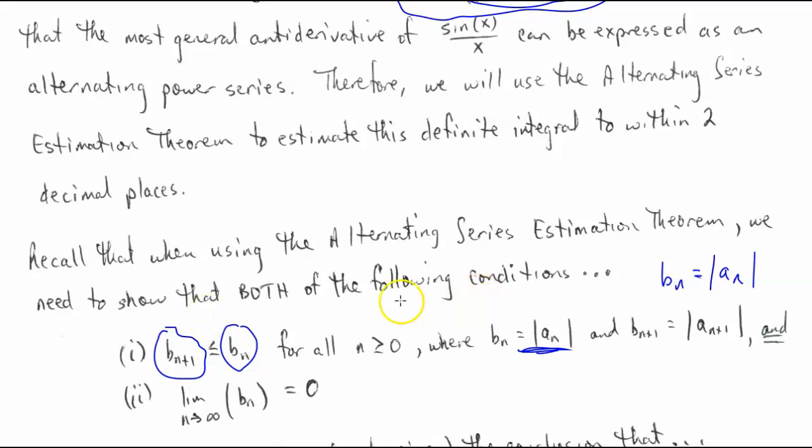We also have to be able to show that if we take whatever the expression for the sequence b sub n is, and we take the limit of it, it has to equal 0, okay?